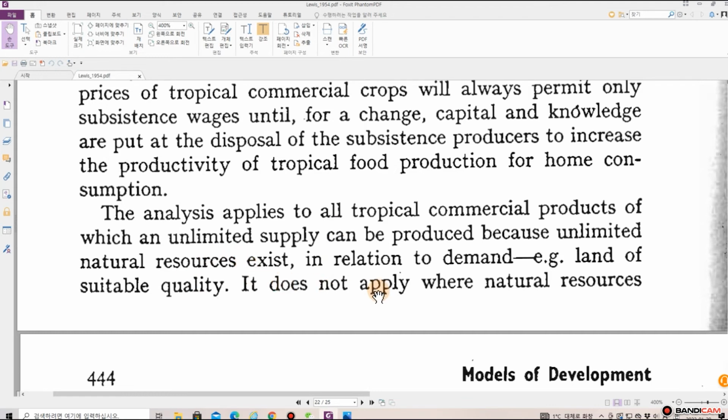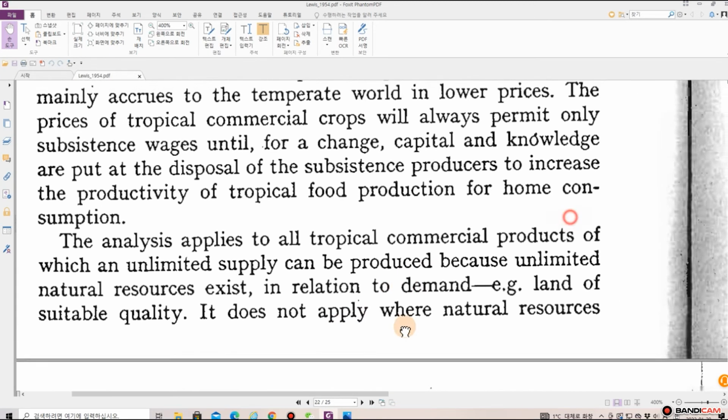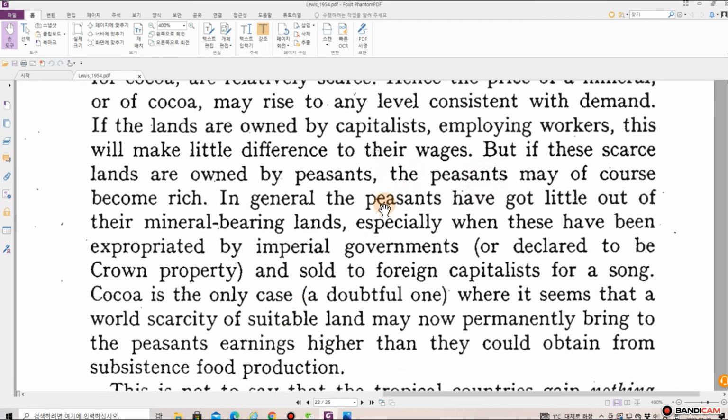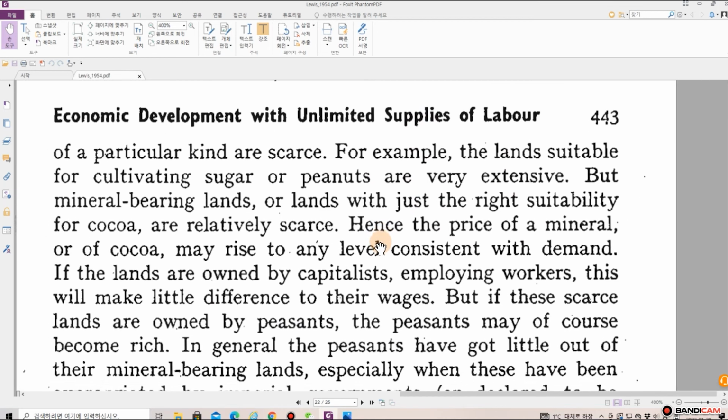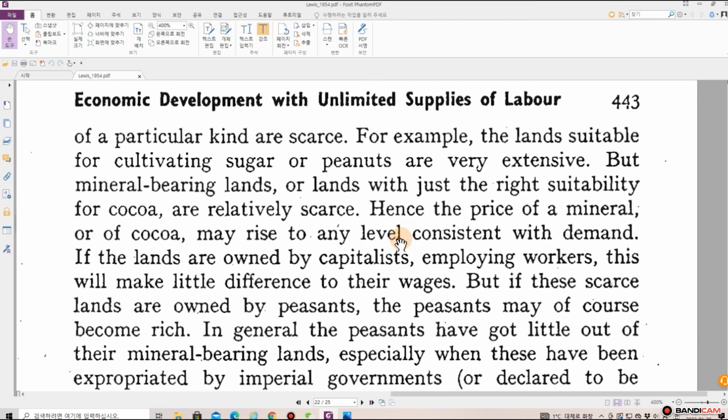The analysis applies to all tropical commercial products of which an unlimited supply can be produced because unlimited natural resources exist in relation to demand. For example, land of suitable quality. It does not apply where natural resources of a particular kind are scarce.